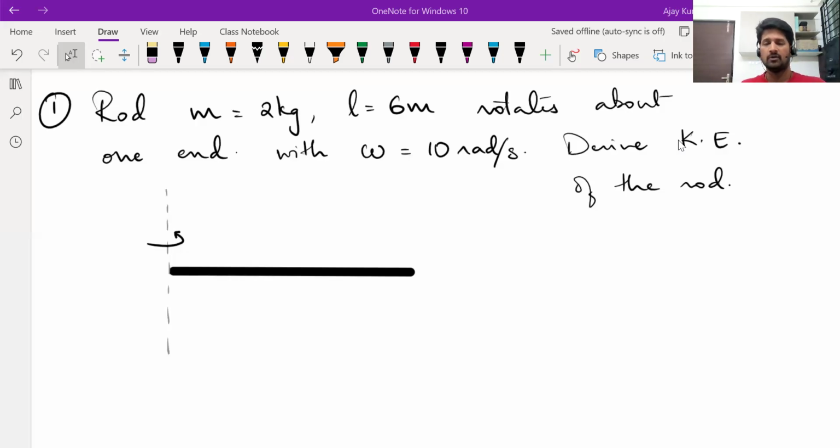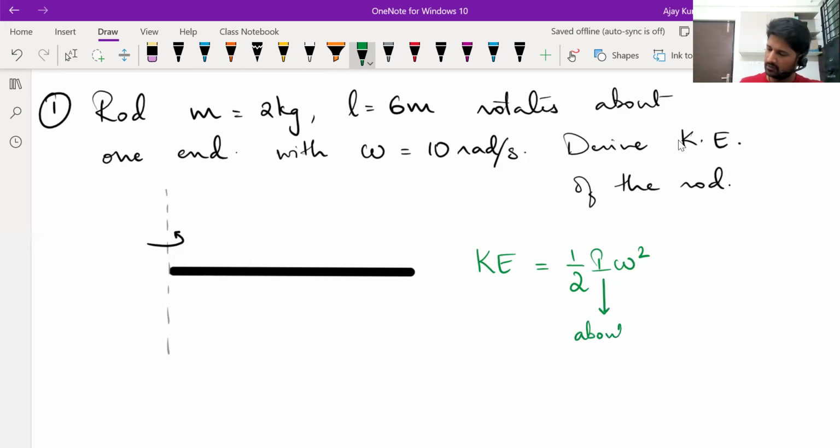Then what is the formula for kinetic energy of an object which is rotating? Half I omega square. I is moment of inertia, and we know moment of inertia can vary from axis to axis. So you need to remember I should be taken about the axis of rotation, not some other axis.